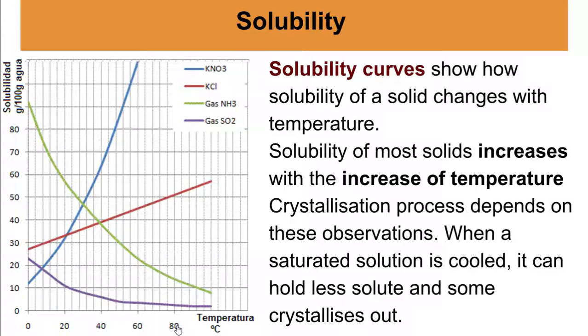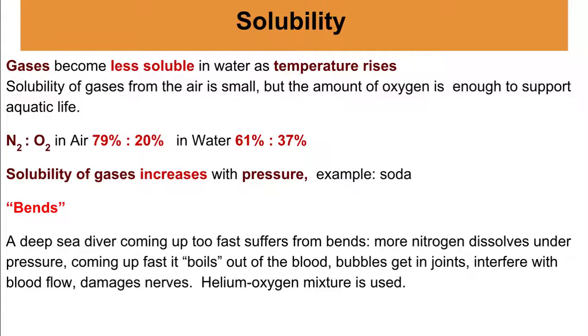And the solubility of gases from the air is small in water, like in lakes, rivers, or the sea. But the amount of oxygen is enough to support aquatic life. When we talked about the composition of air, we said that air is made of 79% nitrogen and 20% oxygen. In the water, it is 61% nitrogen and 37% oxygen.